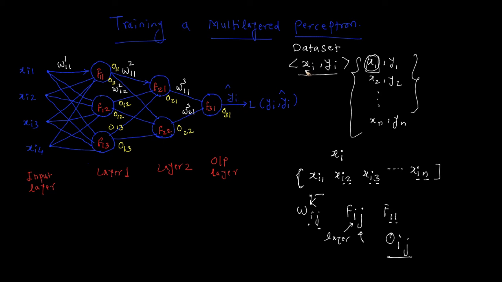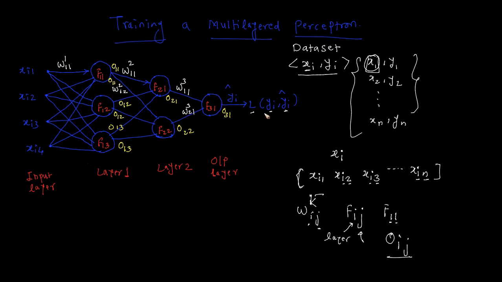If I was giving xi as input, for that xi the class label or output was yi, but the predicted output, that means the output generated by our neural network, we are calling yi hat. And L says what is the loss, that means how different this predicted output is from the actual output, that is called loss.